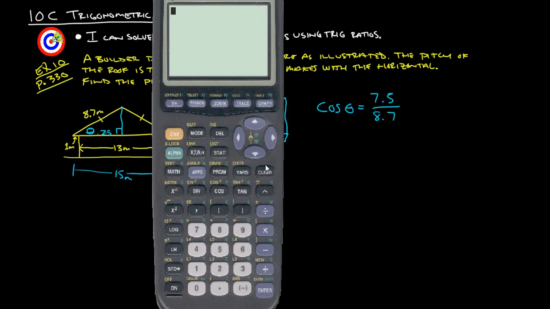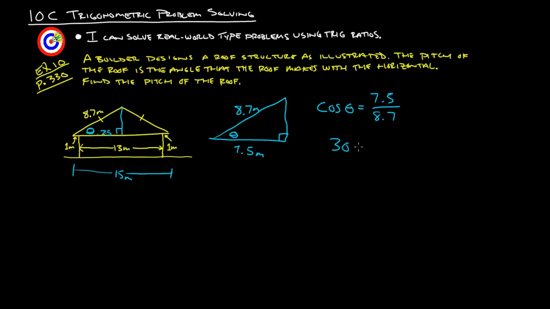Again, we call up our calculator, and since we're looking for an angle, second cosine 7.5 divided by 8.7, and we get 30.45. So let's call it 30.5 degrees is our angle. So the pitch of the roof is 30.5 degrees.